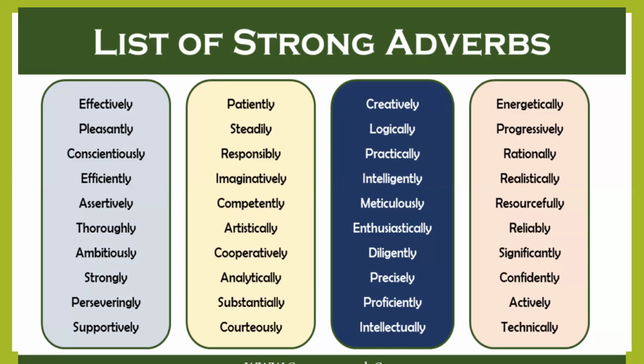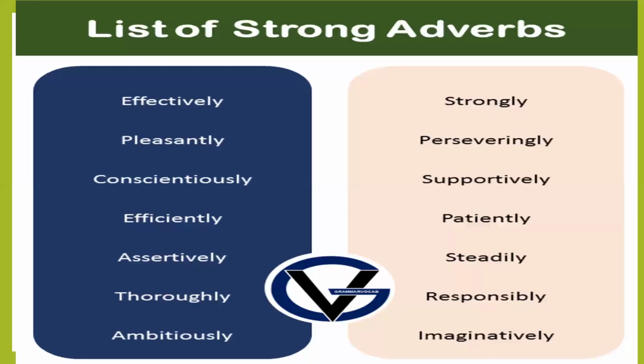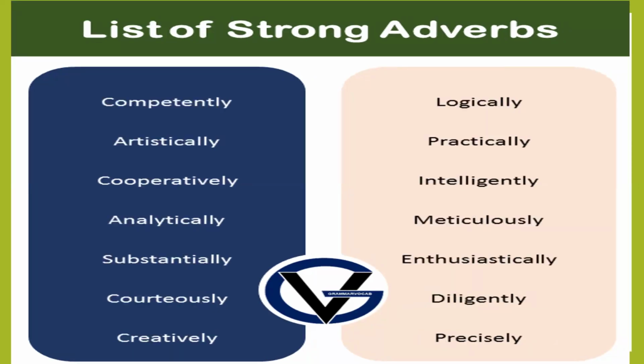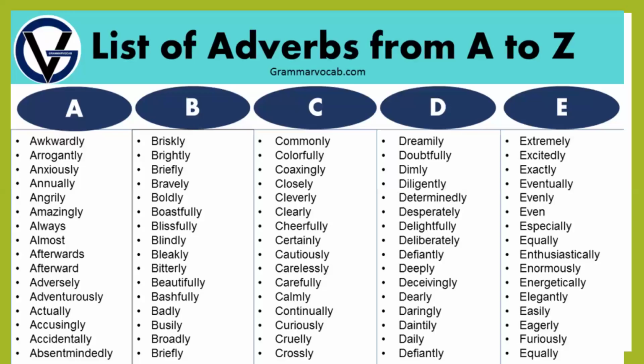Pause the video and just use them in your sentences. More strong adverbs: perseveringly, patiently, steadily, responsively, ambitiously, imaginatively, competently, logically, practically, intelligently, cooperatively, analytically, enthusiastically. I will make a separate video for the strong adverbs along with sentences, which will improve our English. So these are adverbs from A to Z.